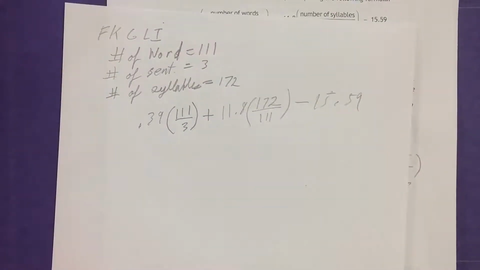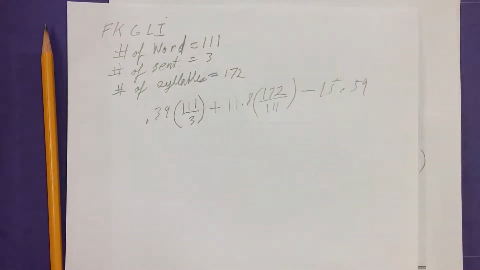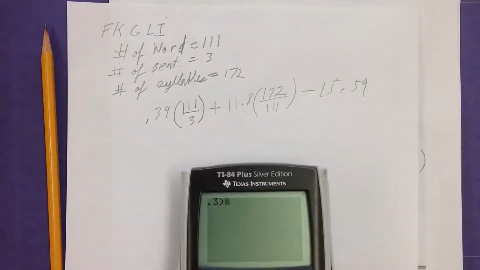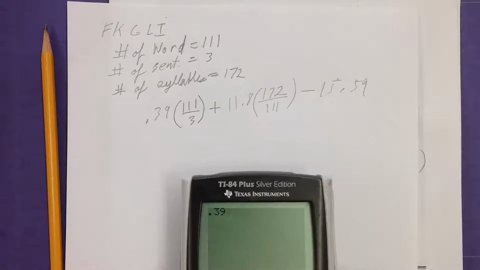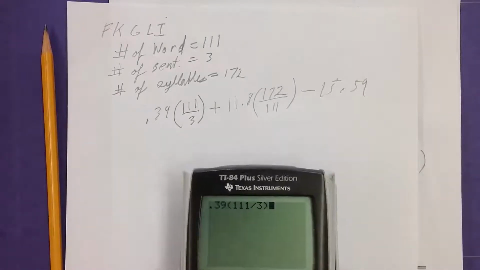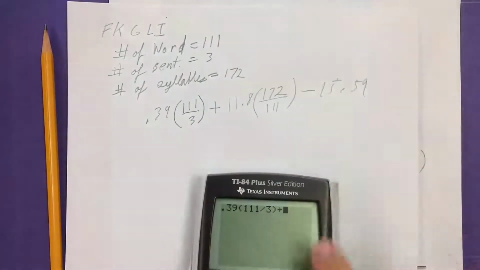Okay, so we do this math right here. Let's go ahead and see this real quick. 0.39. Oh, wait a minute. I've got to show you guys. 0.39 would help if I push the right buttons, divided by 3, and you can put the parentheses because we're not adding these before we do this.